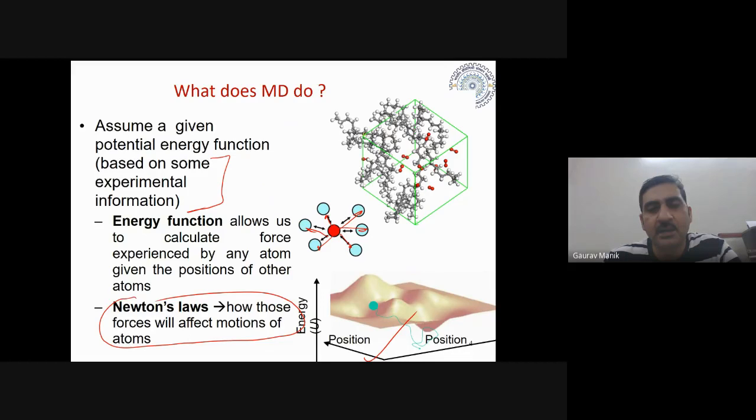The central molecule is surrounded by several molecules, so it is acted upon by forces from the surrounding molecules, and that force is translated into its acceleration and velocity. So we use very simple equations, Newton's laws of motion, and we move these molecules based on those laws and the energy function.